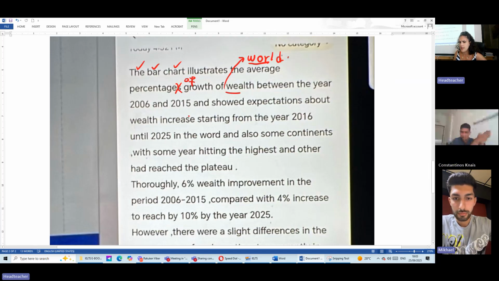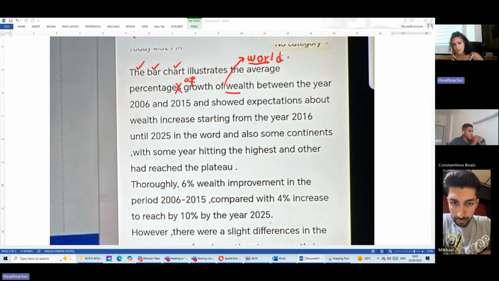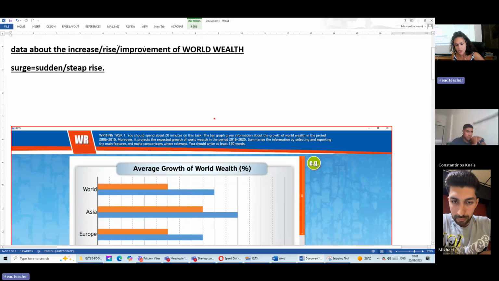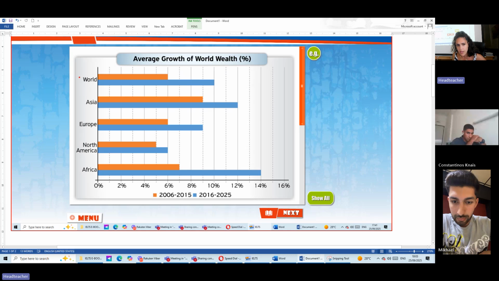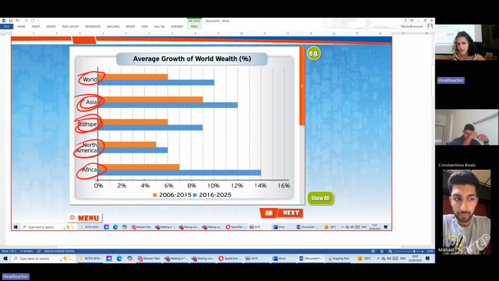Yes, but he's not mentioning the different regions, so he has to put the word world. And if you take a closer look at the table, I think it would be an omission not mentioning it, because the world wealth is one bar, Asia is another, Europe is another. So mentioning Asia, Europe, North America, and Africa doesn't give you an excuse not to mention the world wealth.